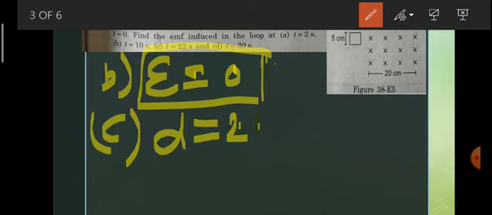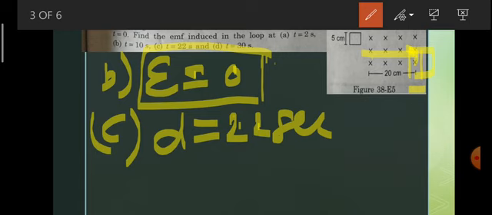And for point C, at t equal to 22 seconds, we see that this loop is going away from this magnet. So when it covers 22 seconds, we see that 22 centimeter part of this loop is outside the magnetic field in 2 seconds.